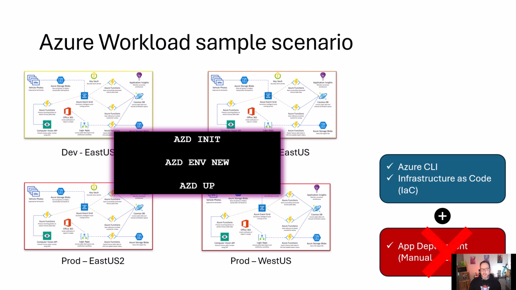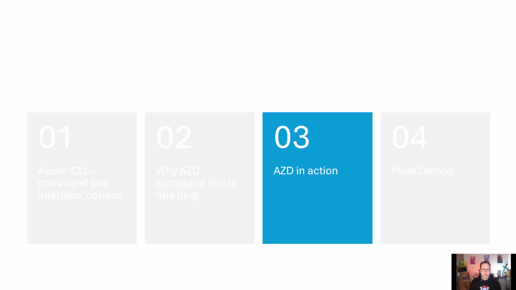I'm not breaking down CLI. Obviously, we still need our templates, but then also shifting away from the manual application layer deployment and moving everything into one single deployment scenario. And that's really what I would say my next topic here, AZD in action, is about.